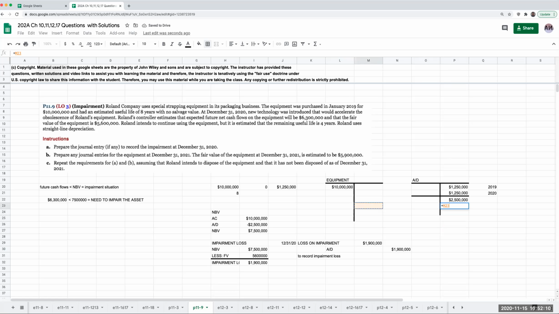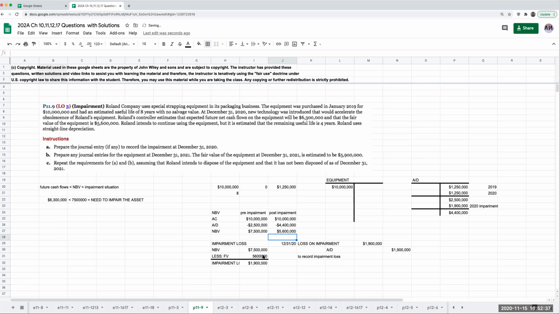My new ending accumulated depreciation balance is going to be 4.4 million. When I take my pre-impairment and post-impairment, the acquisition cost has not changed. My new ending balance is 5.6, which needs to equal the fair value.